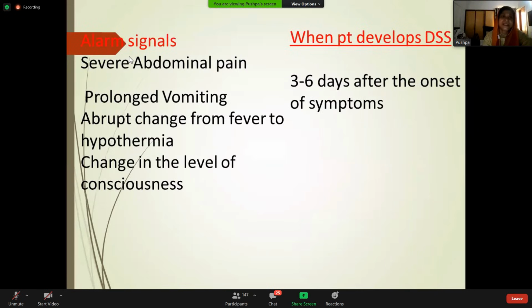So alarm signals are severe abdominal pain, which is due to bleeding in the GIT, prolonged vomiting, abrupt change from fever to hypothermia, change in the level of consciousness. The patient develops dengue shock syndrome 3 to 6 days after the symptoms.